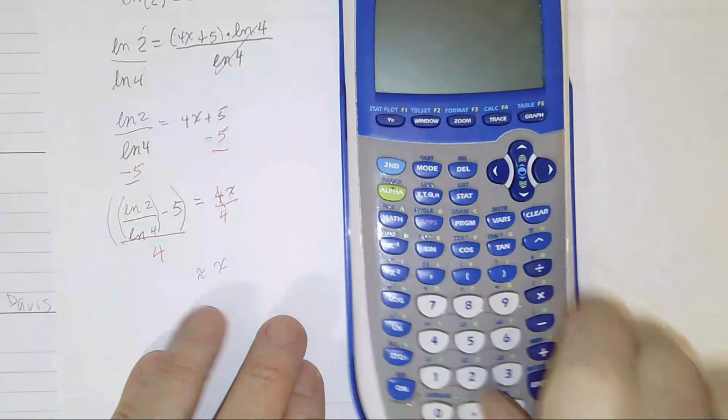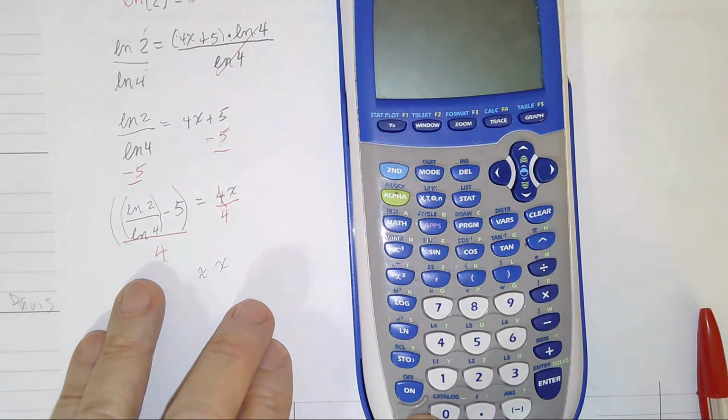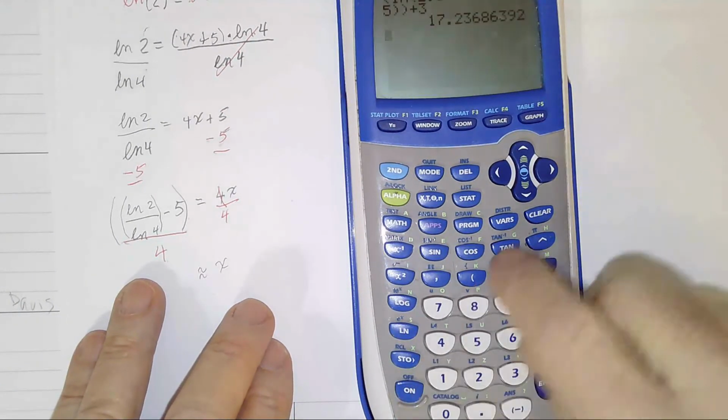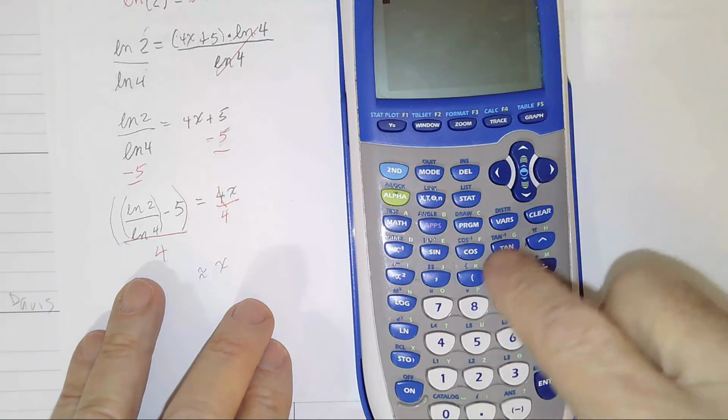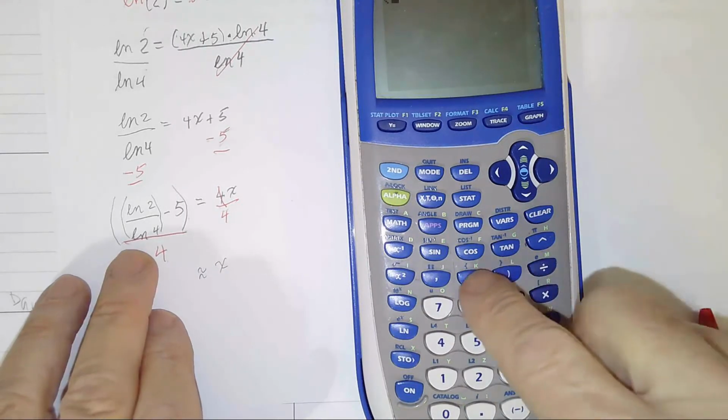So, let's turn this on. Let's clear, and I'm going to put in a parentheses for the outer argument, and then a new parentheses for the 2 logs.